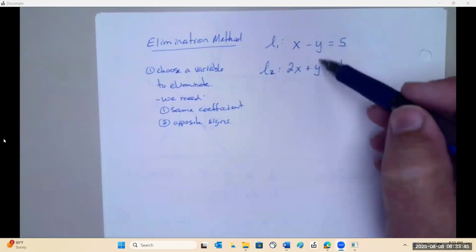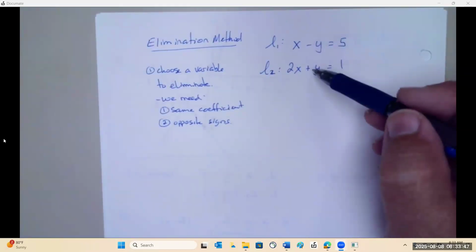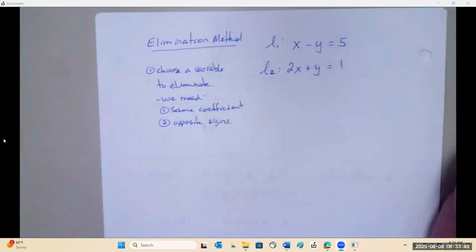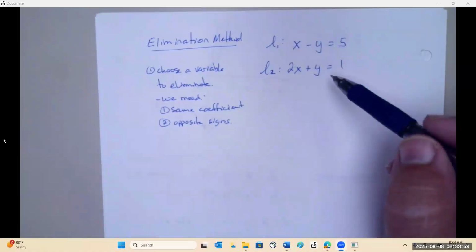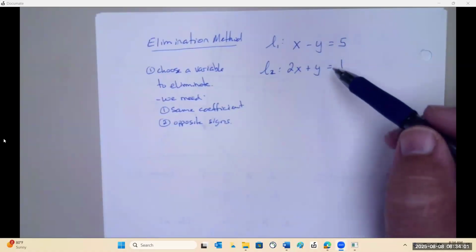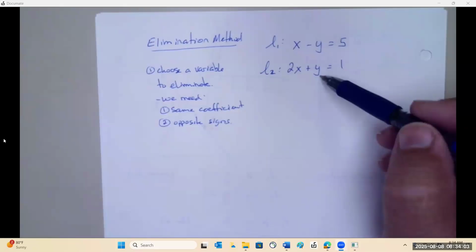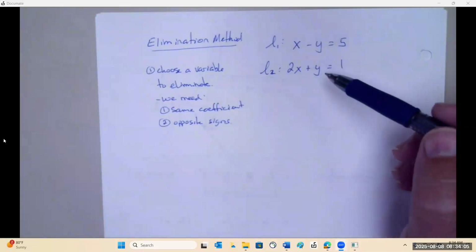So y, they both have a 1 and they're opposite signs. So that's the optimal one. If we can't find one, if one doesn't exist, then we have to make them. So let's go ahead and do it both ways. We're going to do y first, and then we're going to do it for x, and we'll see the same answer.